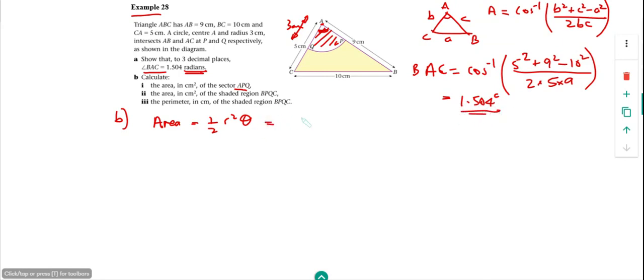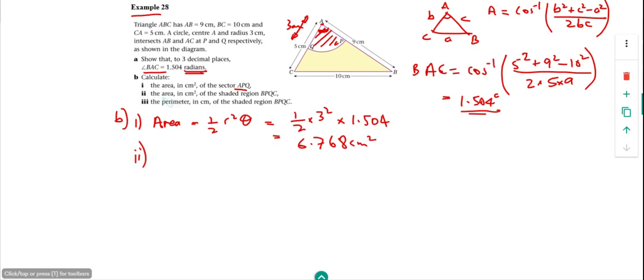So all we're going to do is put that into the formula. We're going to get half, the radius is 3, as was given, so 3 squared times the 1.504. And that will give us 6.768 centimetres squared. So that was part 1.